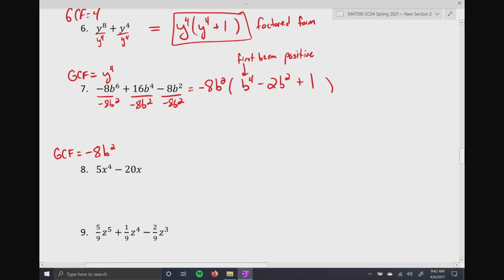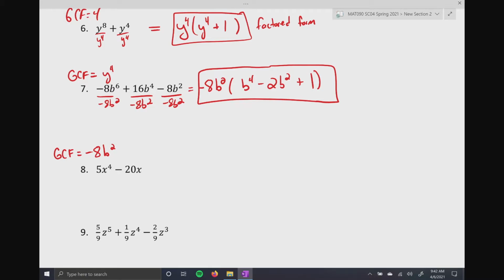And b to the second divided by b to the second is really b to the 0, and we know that to be 1 as well. So the factored form is negative 8b to the second times the quantity b to the fourth minus 2b to the second plus 1.